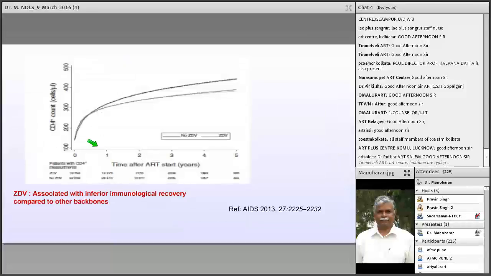So you see this curve, those patients who are not on zidovudine, the CD4 response is statistically significant, that is very good CD4 response compared to patients who are on zidovudine based therapy. So zidovudine is associated with inferior immunological recovery compared to other backbones.